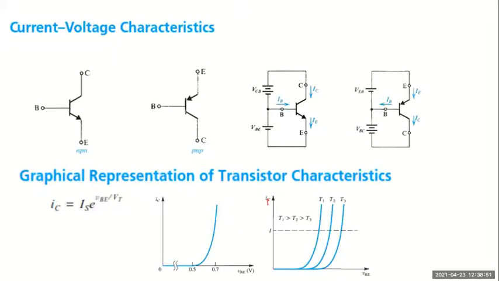This can be a graph of IB versus VBE, or even if I plot IC versus VBE, we'll get a similar graph.